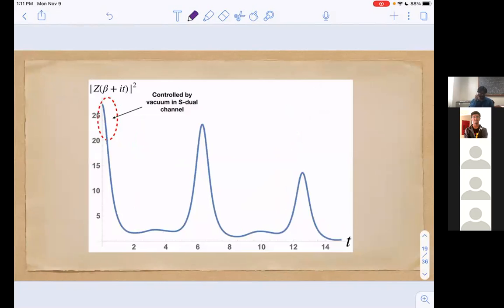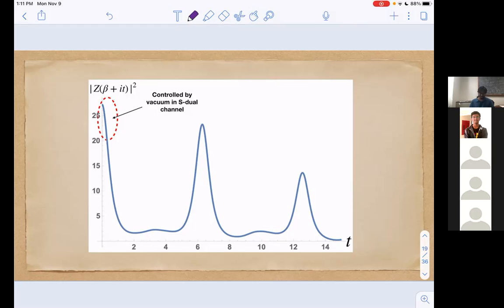So we can also see this in a nice picture. So this is the spectral form. Also I should mention that if you take the modulus squared of z of beta plus it, this is called the spectral form factor, a well-known quantity. People study it to look for features of chaos. Here we have plotted the spectral form factor for the 2D Ising model.